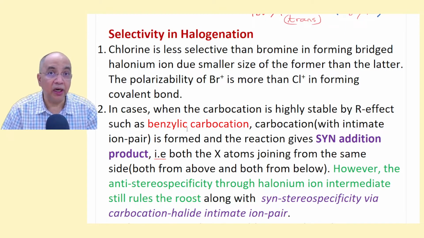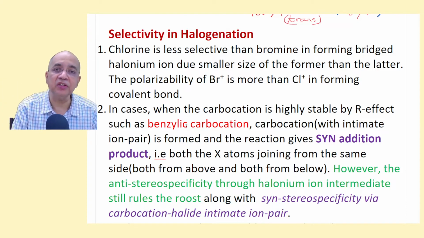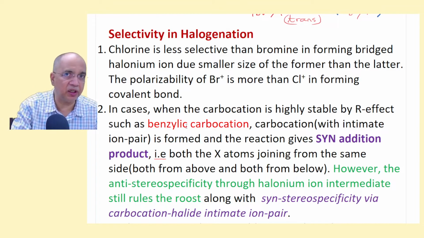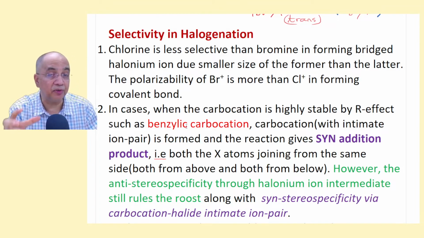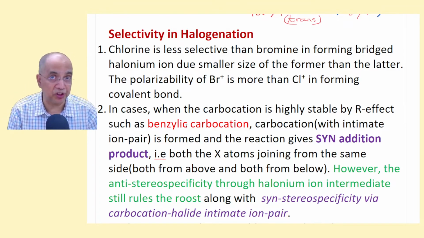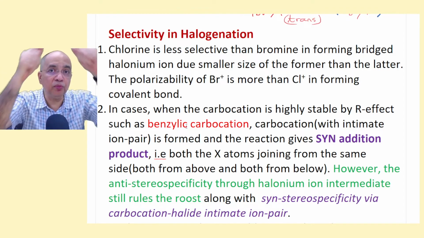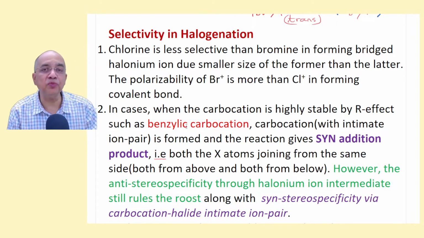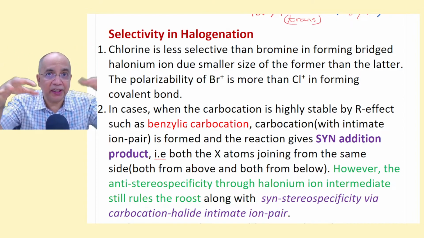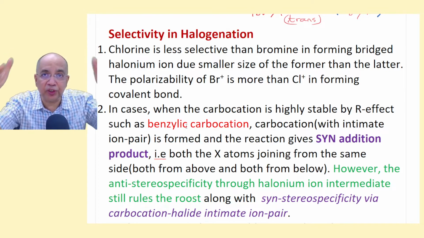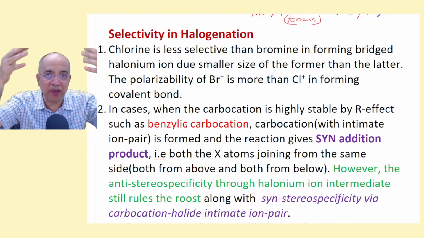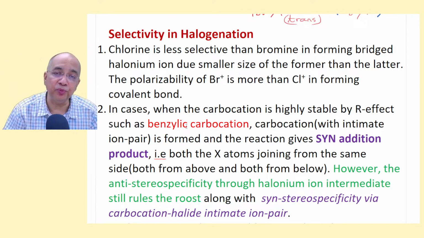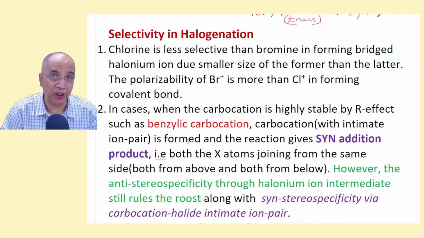Moreover, chlorination as such is less selective, because particularly where there is a possibility of a more stable carbocation formation, the chloronium bridge structure is not formed to a large extent. Bromonium is more selective because its size is larger, it has more polarizability to form the two covalent bonds. The chloronium ion is relatively small in size, so fewer chloronium bridged ions are formed in such cases.